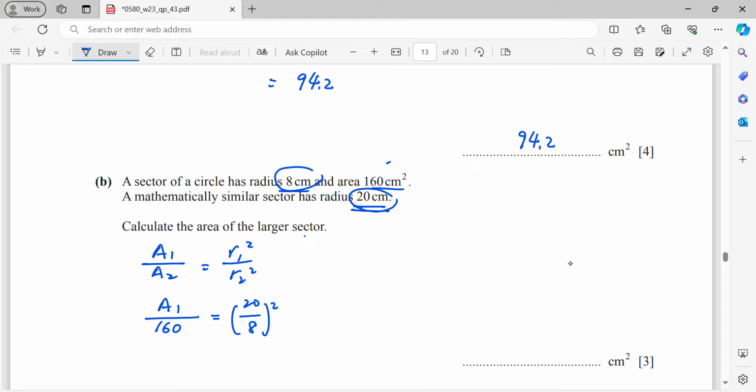This is the same as R1 over R2 squared. Now your A1 obviously is 160 times 20 over 8 squared, and then you will be getting 1000. So that's the solution for part B.